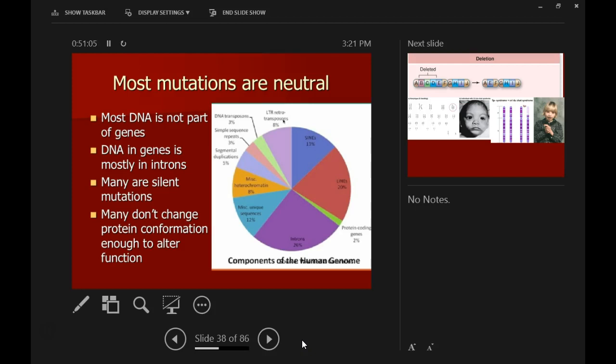As I mentioned before, when we think about genes, we usually think about proteins. Right? And most genes for proteins only make up about a quarter of the genome. In fact, in this little chart, you can see it right here.